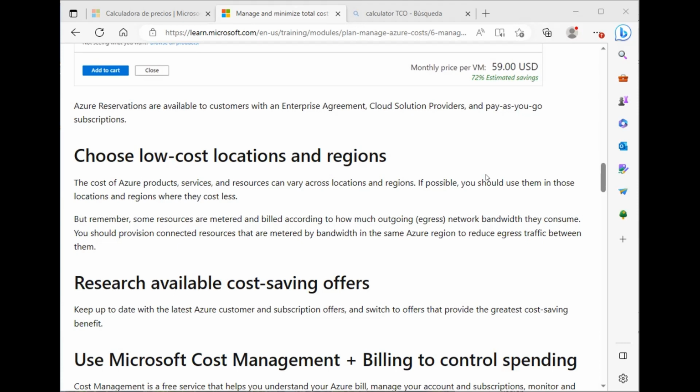You should provision connected resources that are measured by bandwidth in the same Azure region to reduce egress traffic between them. Research available cost-saving offers. Keep up to date with the latest Azure customer and subscription offers and switch to offers that provide the greatest cost-saving benefits.